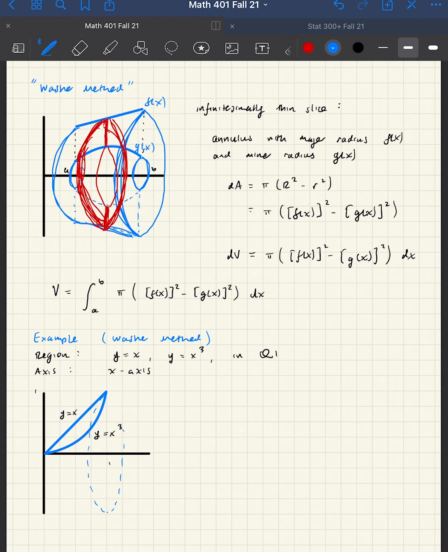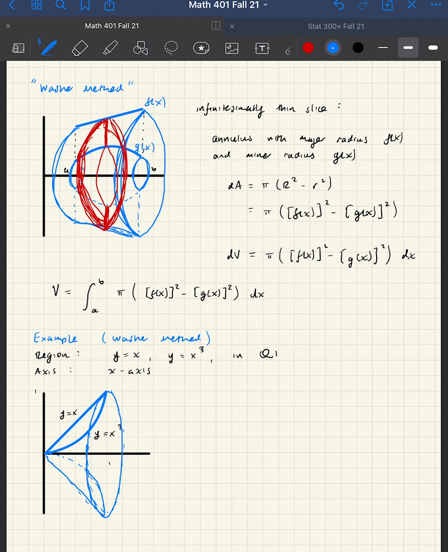When you rotate that, it's going to leave this nice hollowed out space in between.